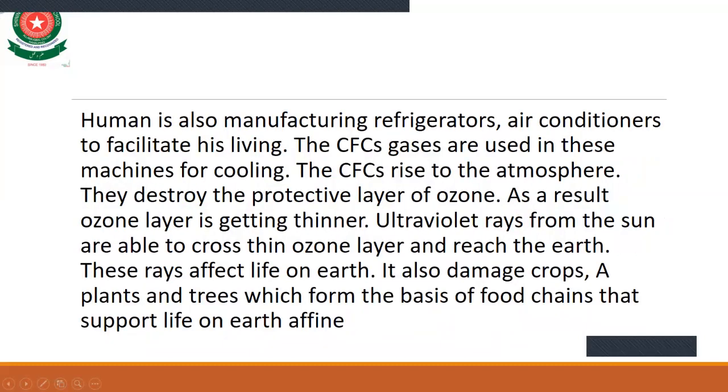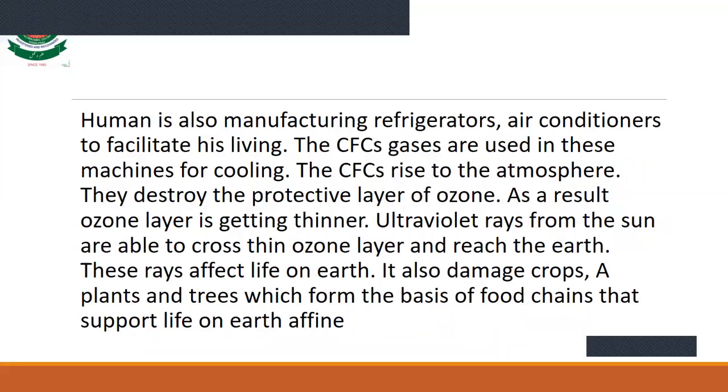Humans are also manufacturing refrigerators and air conditioners to facilitate their living. Chlorofluorocarbon gases are used in these machines for cooling. They destroy the protective layer of ozone. As a result, the ozone layer is getting thinner.